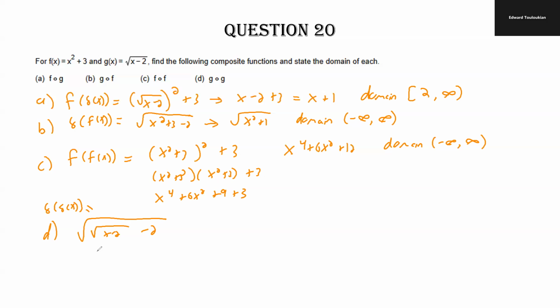And then we also have this thing to keep in mind. Even if this was, for example, 3, you'd have 3 minus 2. That would be 1, and 1 minus 2 would still be negative.